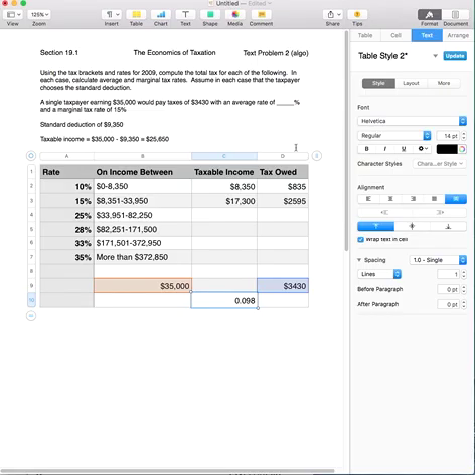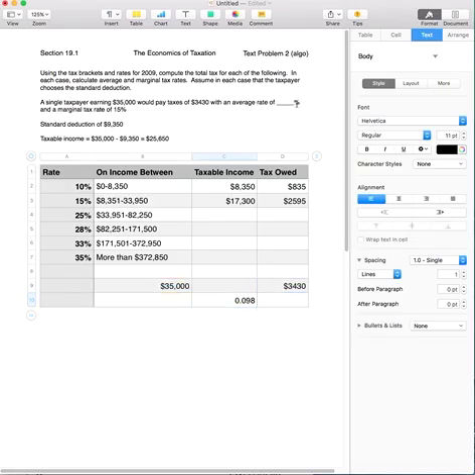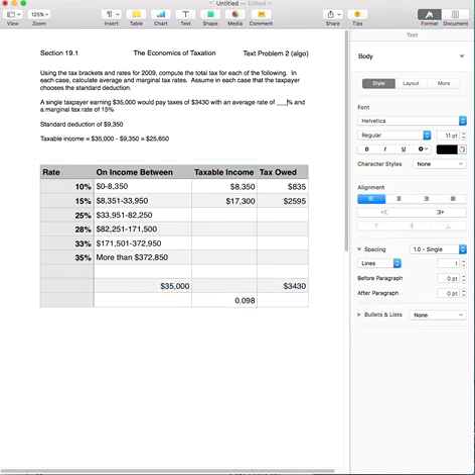So I think what most people ended up having issues with here, and let me actually put this number here, 9.8%. The issue most people had is they forgot to subtract the standard deduction off of people's income to get taxable income.